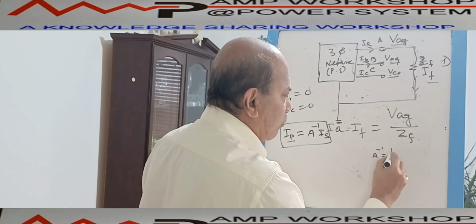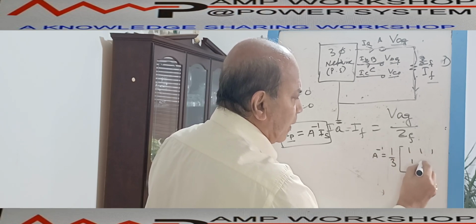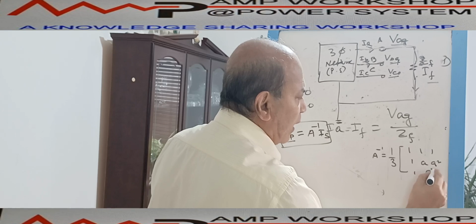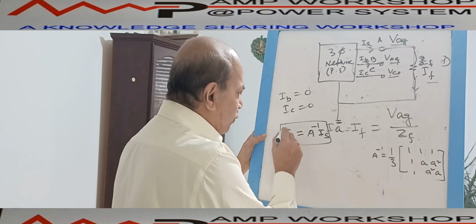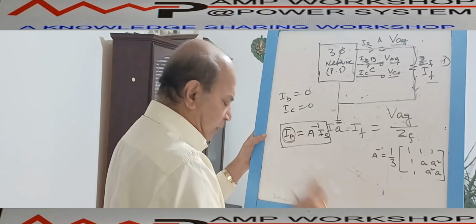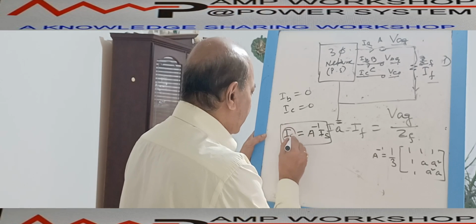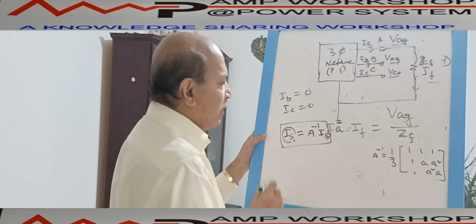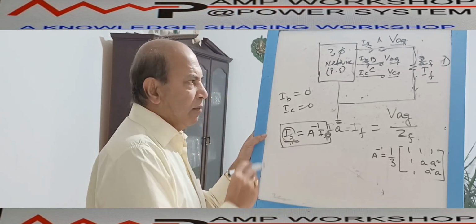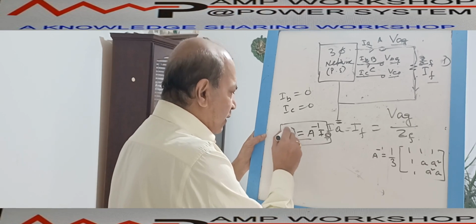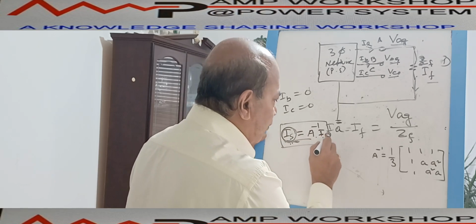A inverse equals 1/3 of this matrix, 1, 1, 1, 1, A, A square, 1, A square, A. This is the A inverse matrix. We have already calculated that the sequence current IS equals A inverse of the phase current IP.